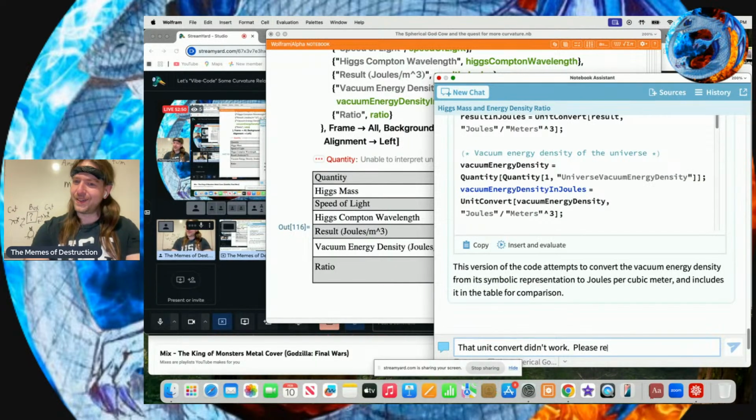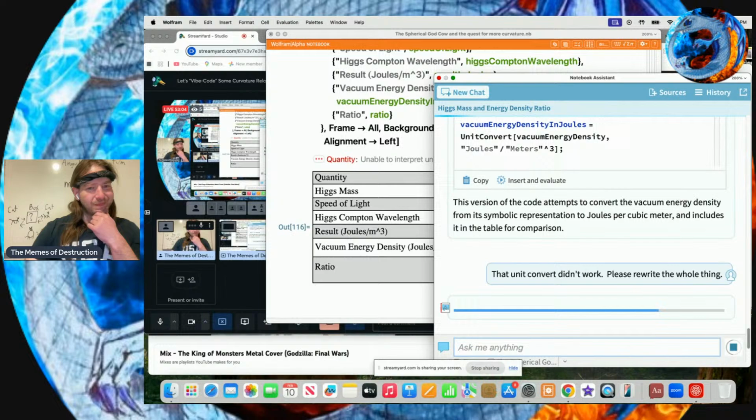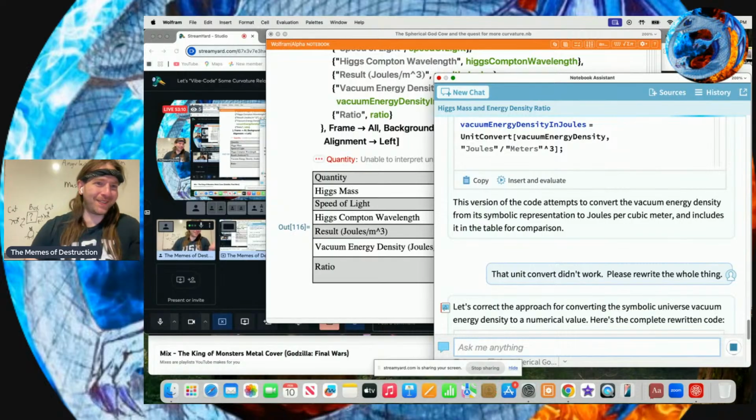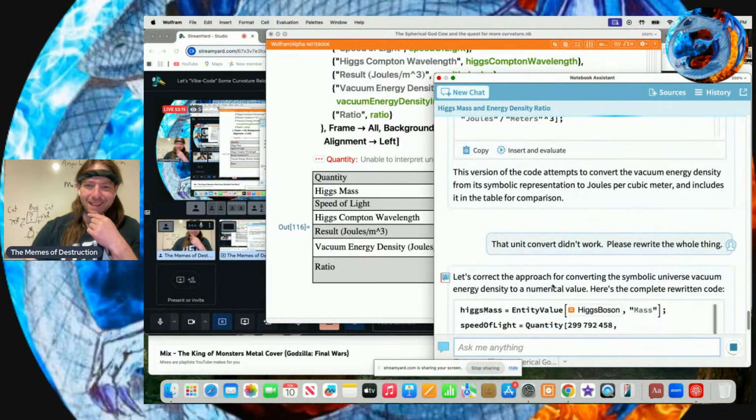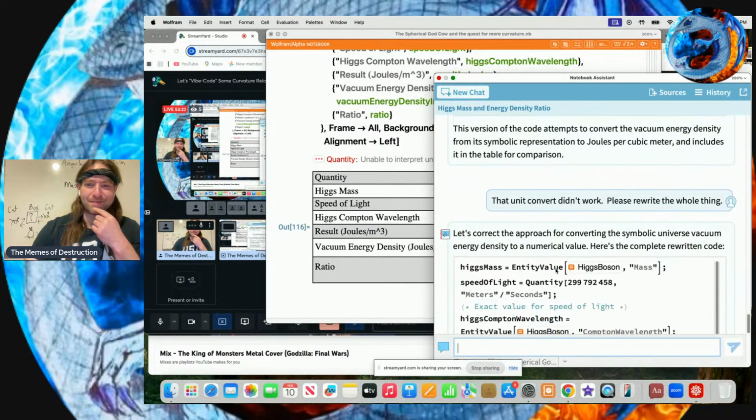Please rewrite the whole thing. So now, maybe I should have asked it to correct it. I'm just like, that unit convert didn't work. Please rewrite the whole thing. If it's just using the same code and it doesn't have a defined parameter. So, okay. Let's see. Did it learn? Or did I prompt it properly enough?